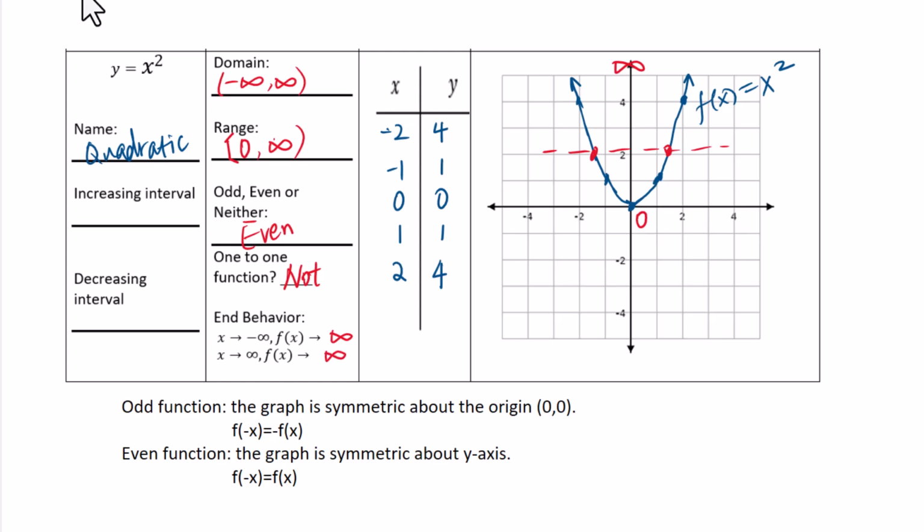From left to right, this part of the graph goes up, so the increasing interval is from 0 to positive infinity. From left to right, this part of the graph goes down. So the decreasing interval is from negative infinity to 0.